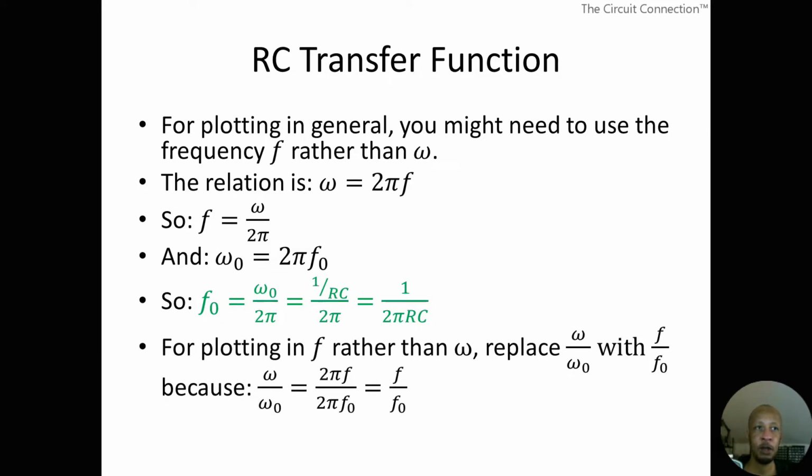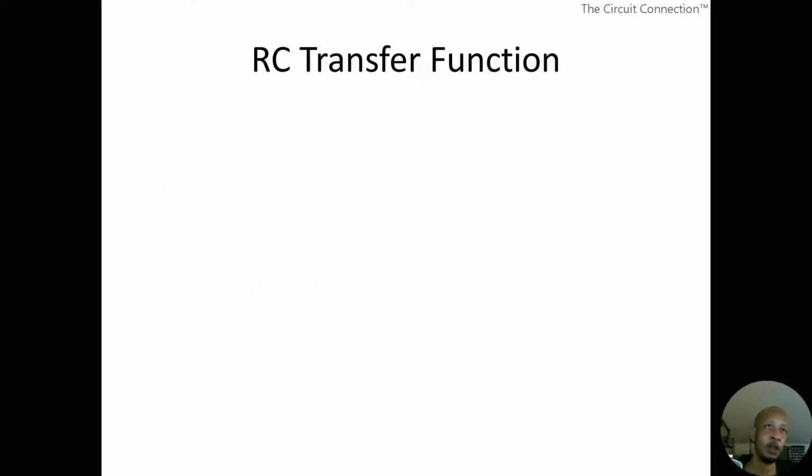So for plotting in F rather than W, you're going to replace W over W0 with F over F0 because W over W0 equals 2 pi F over 2 pi F0, and then that's going to equal F over F0. So you can just replace W over W0 with F over F0. That's your summary point there.